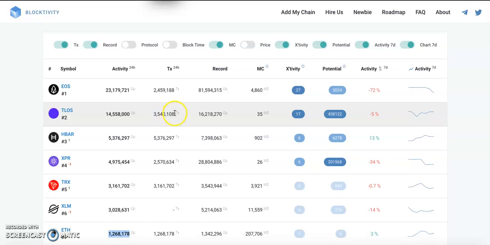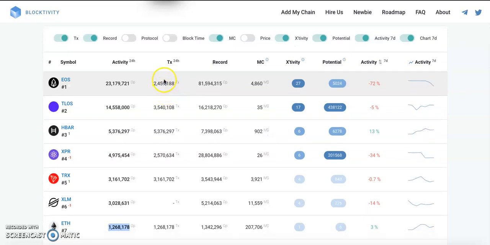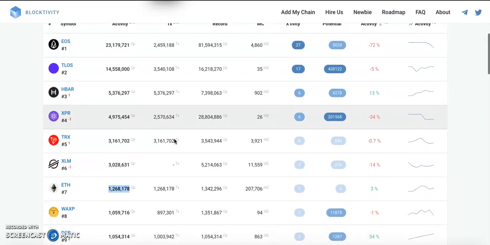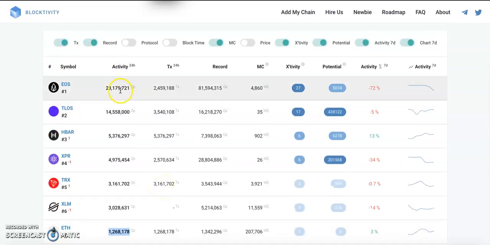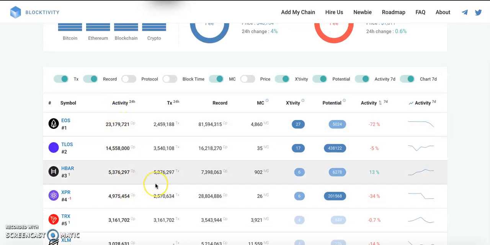Telos transactions are 3.5 million, while the operations are 40 million. EOS's transactions are 2.4 million, while the operations are 23 million. So when it comes to individual transactions, this is just 2.4, this is 2, and when it comes to other operations, EOS beats Ethereum.